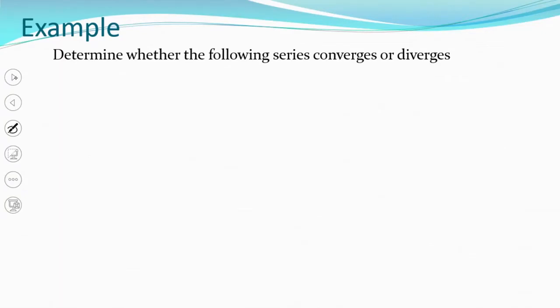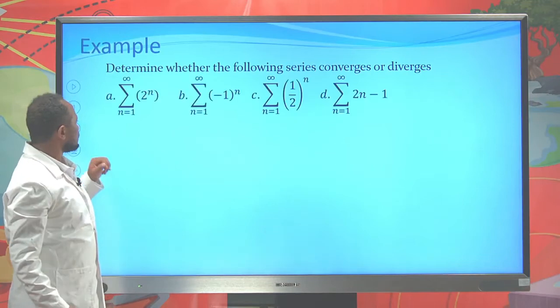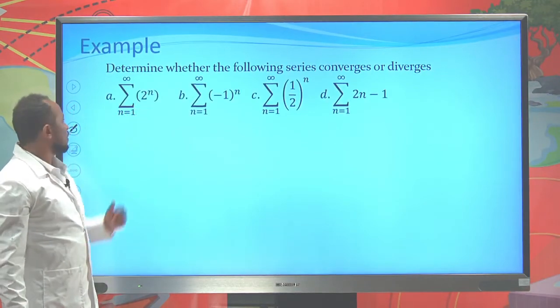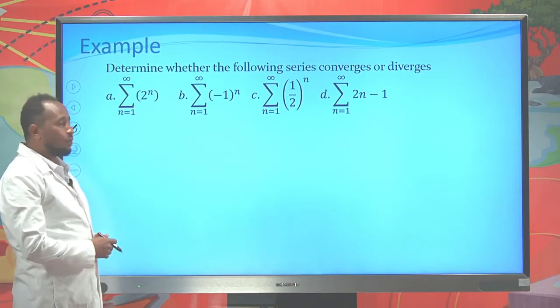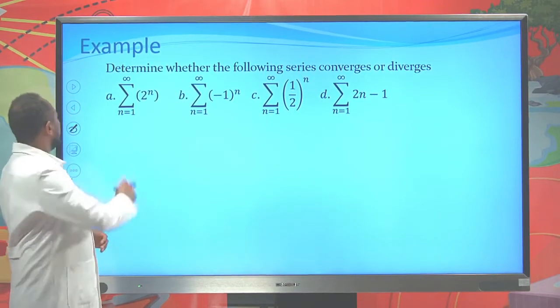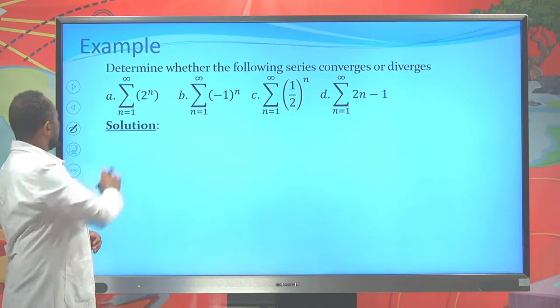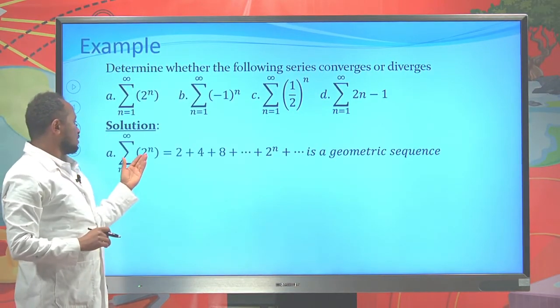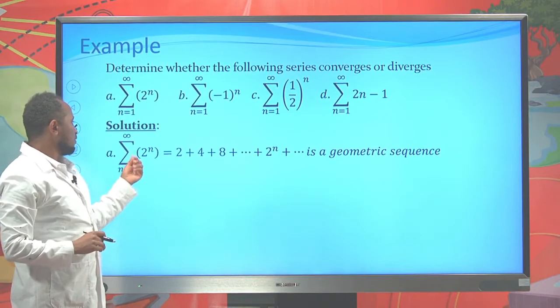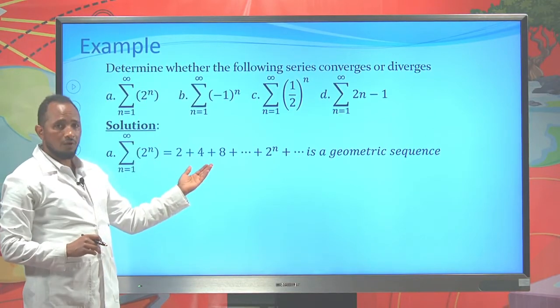Determine whether the following series converges or diverges. Now let's start from the first one. The sum of 2 to the power of n, where n starts from 1 up to infinity, is written in this form.